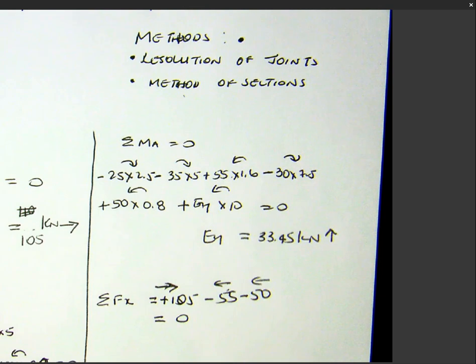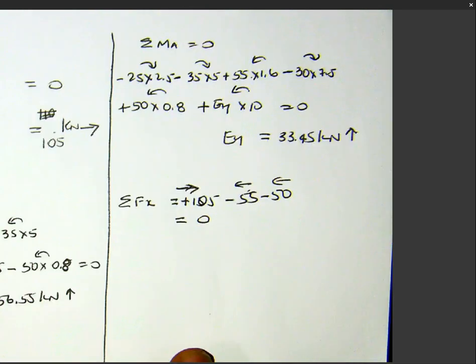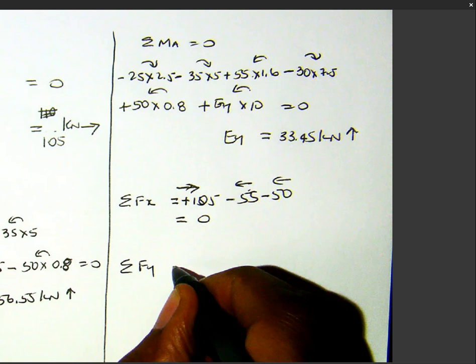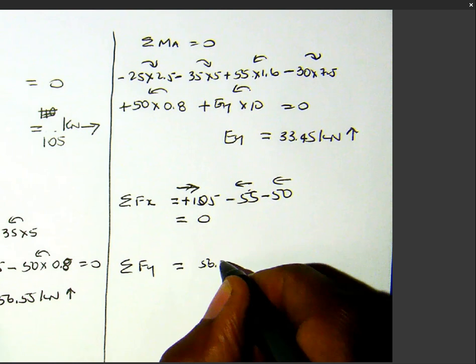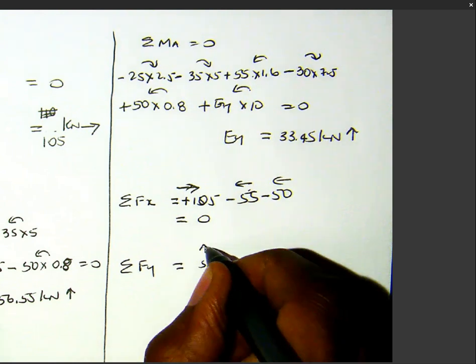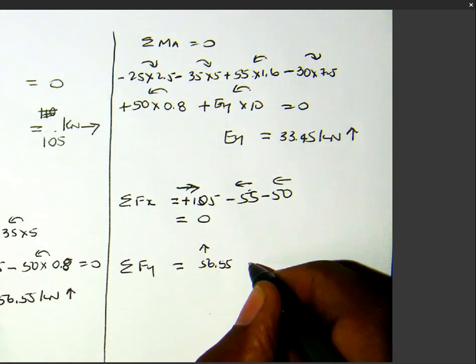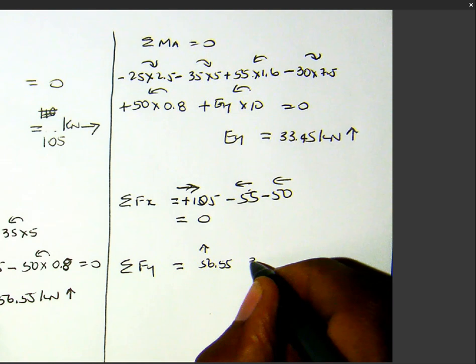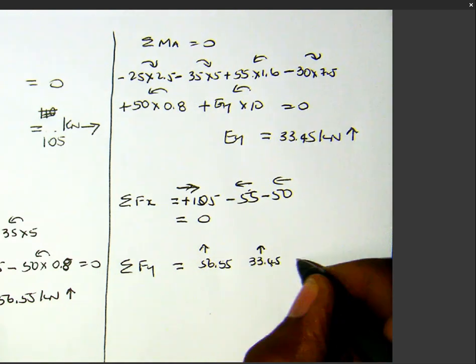Then I go to my sum of forces in the y direction equals to. I've got a vertical reaction of 56.55 going up. I've got another vertical reaction which is EY, that is 33.45 going up. I've got 25, which is the load from the structure, going down.